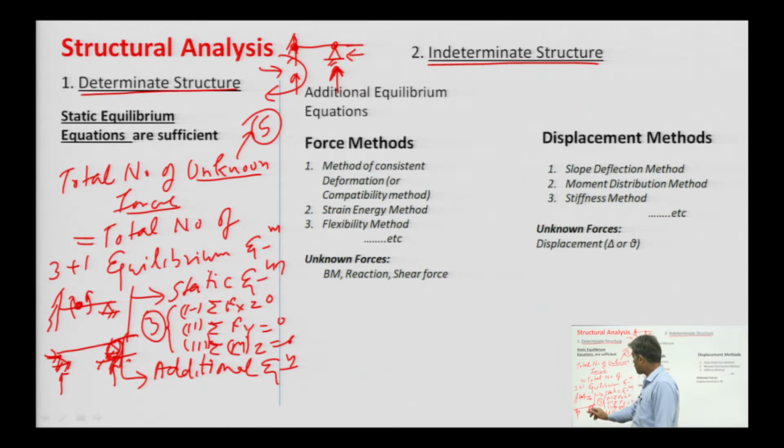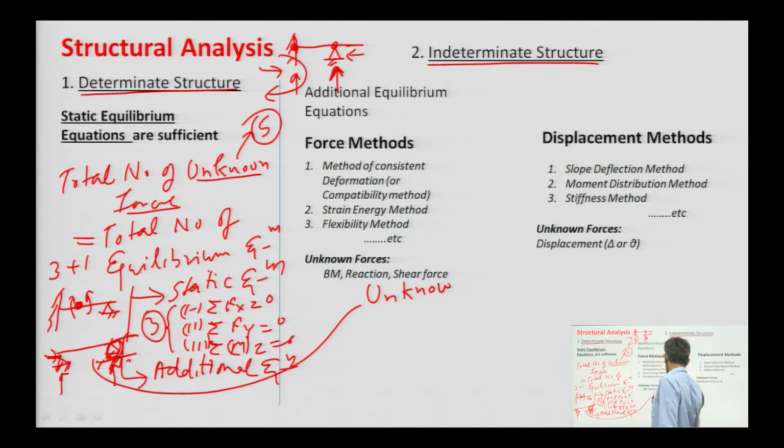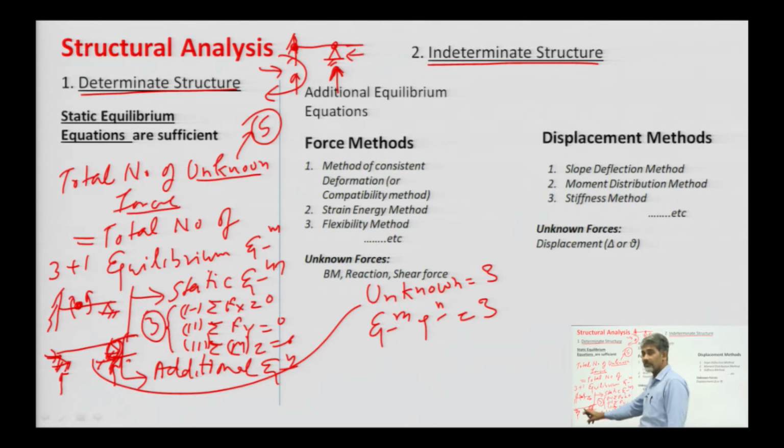So, the number of unknowns in this case is equal to 3, and the total equilibrium equations is 3. In this case both are the same, and such types of structures are called determinate structures.